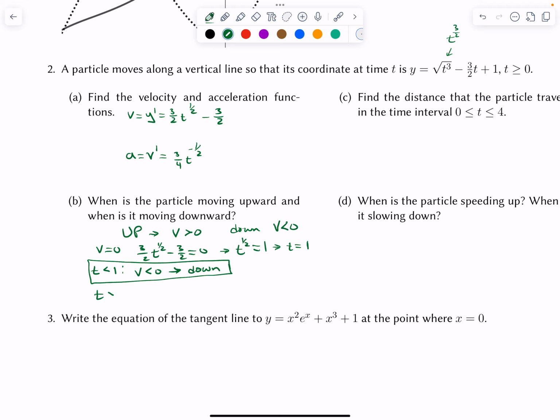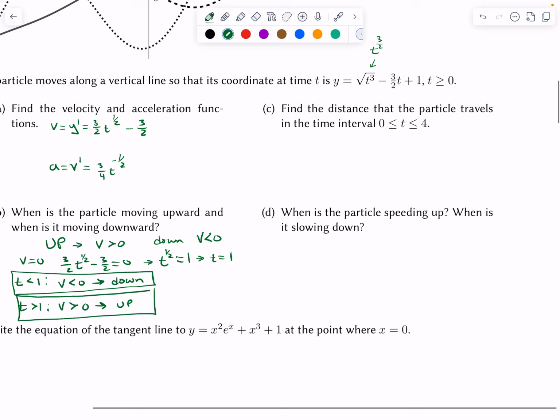And when t is greater than 1, v is greater than 0, which is up. And once again, you can pick a test point for this. Pick t equals 2 or something, plug it in, and you'll find that you get a positive number.